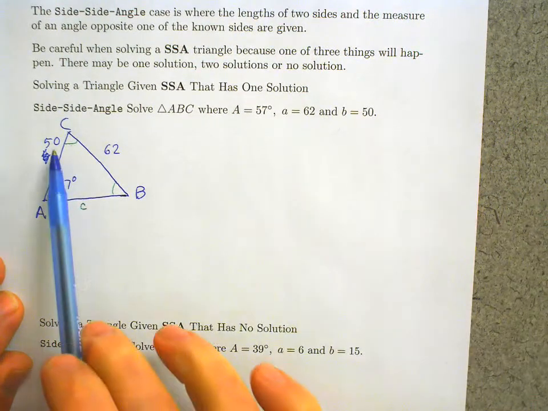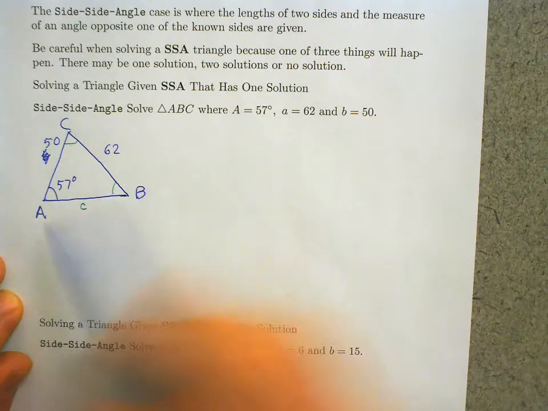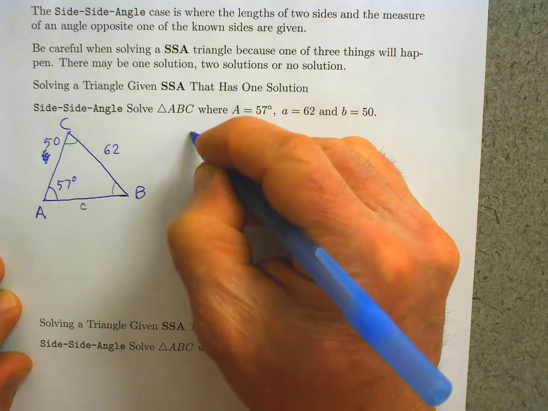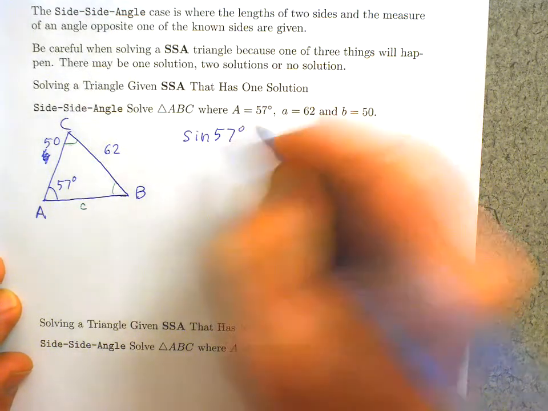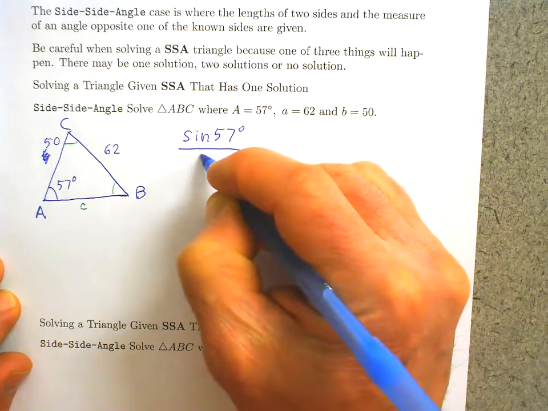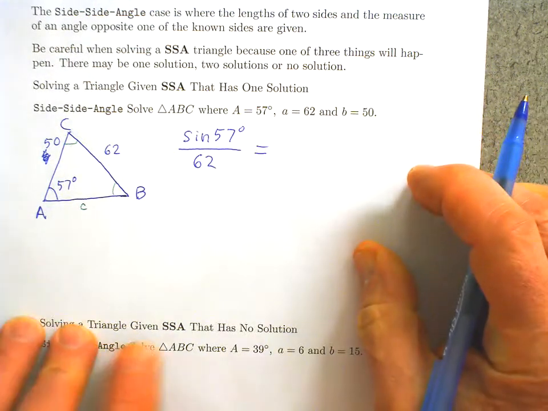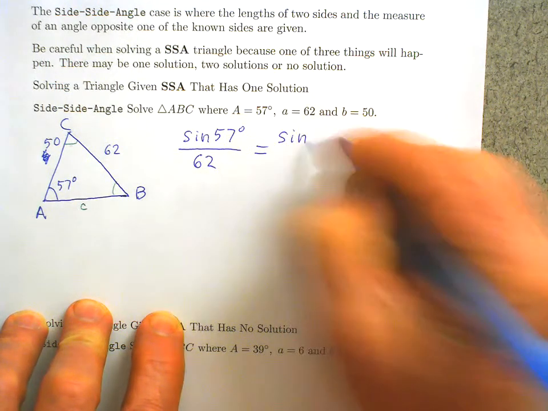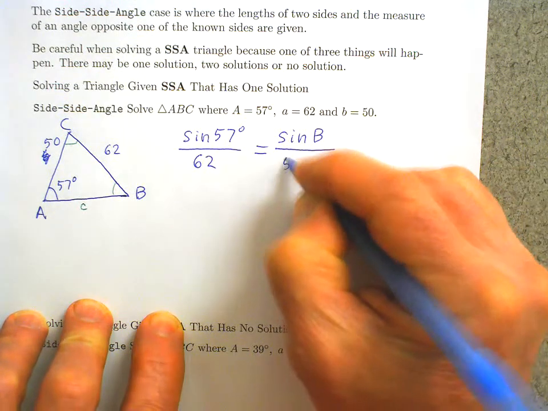Well, since lowercase b is known, we can write sine of angle A, sine of 57 degrees, divided by lowercase a, which is 62. And then that's equal to sine of B divided by 50.